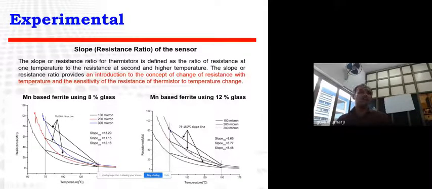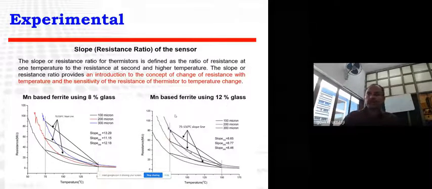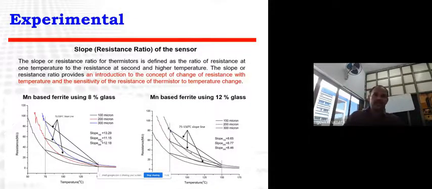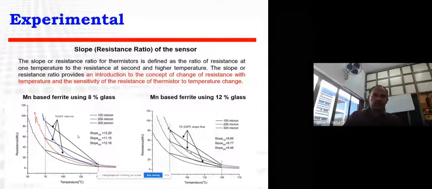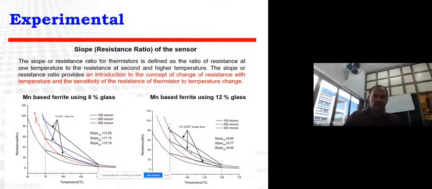The slope or resistance ratio provides an introduction to the concept of change in resistance with temperature and the sensitivity of the thermistor's resistance to temperature. In this case, we found the slope, and it needs to be constant or similar across the range. For the 100, 200, 300 micron gaps, we found the slope around 13.25, 11.15, quite near to each other.